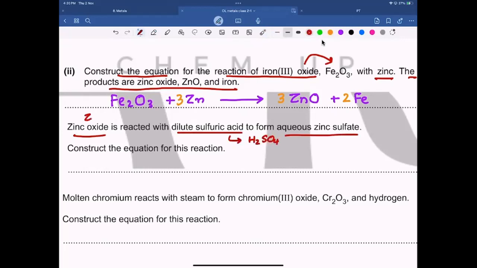And zinc oxide, the formula is given in the previous part. It is ZnO. So ZnO and H2SO4 to form zinc sulfate. So zinc sulfate is our product, right?